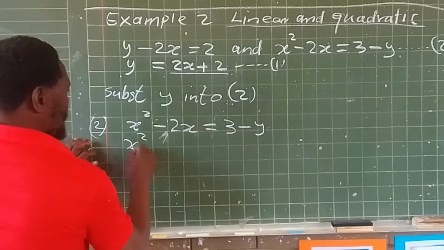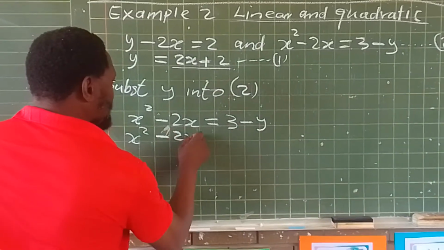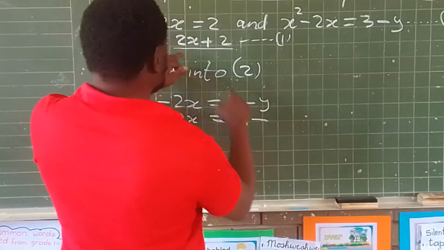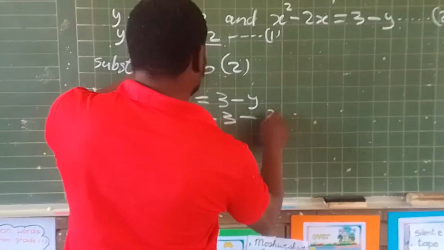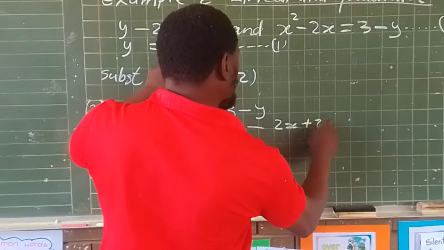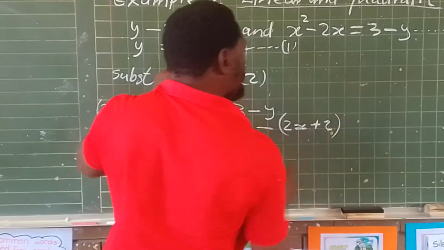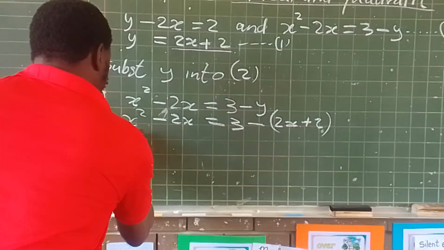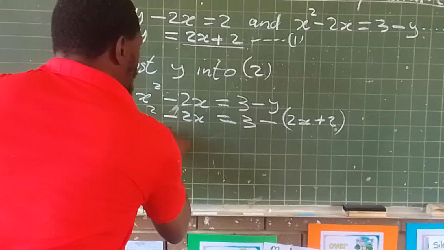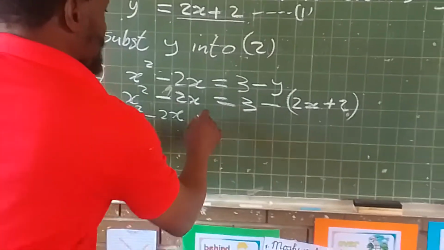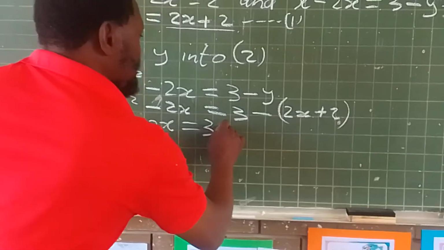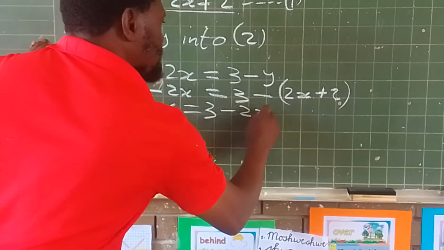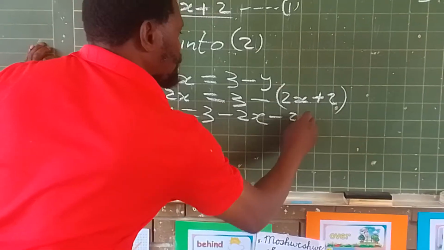It's x squared minus 2x is equals to 3 minus, I see y here, it's 2x plus 2. Now, we grab our x squared as is, minus 2x is equals to 3. Distribute your negative sign throughout the brackets, you get minus 2x and minus 2.